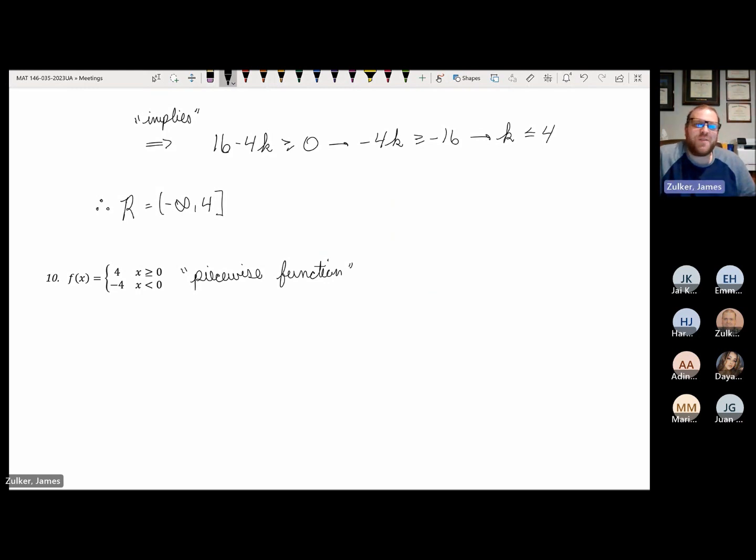We just look at this and go, oh, look, this function's in pieces. Ah, piecewise function, perfect. Meeting adjourned. So we want the range of a piecewise function. Well, there's only two outputs that we get out of this, 4 or -4. So there's our range, the set of -4 and 4.